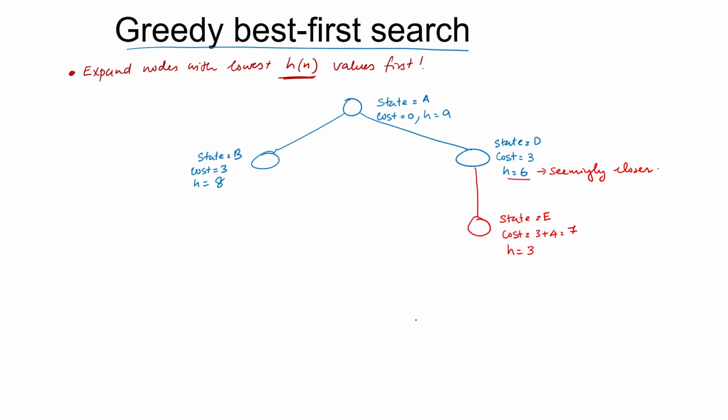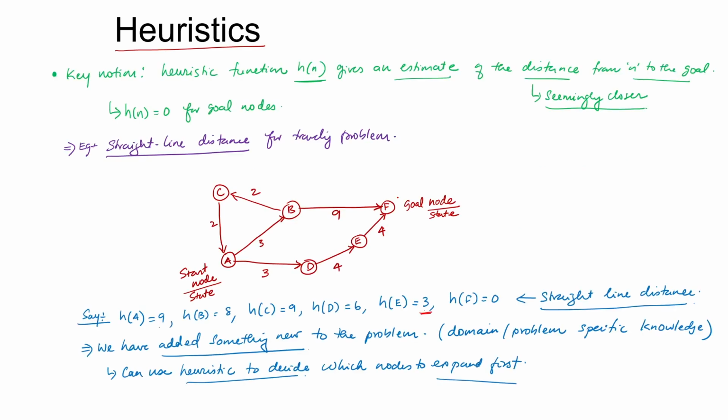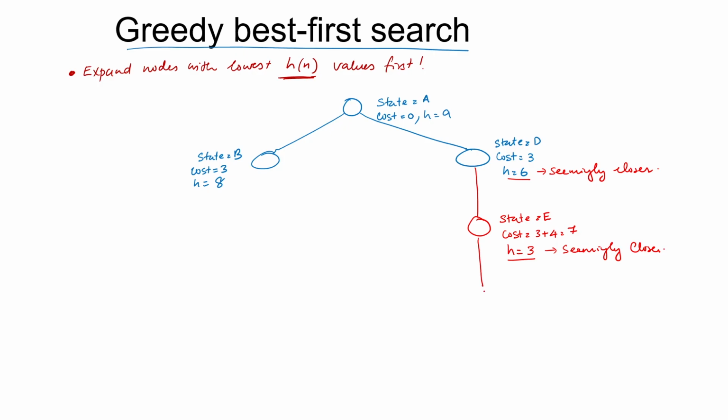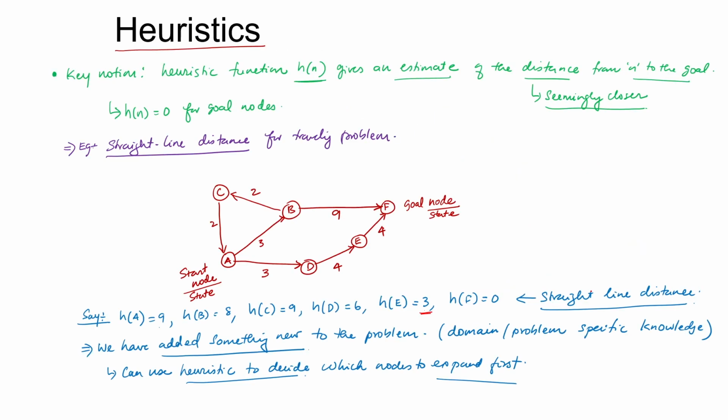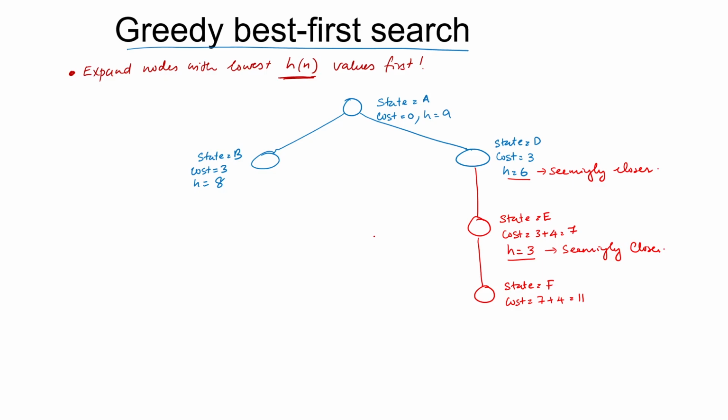Now we can see that among these two nodes, B and E, E is still seemingly closer compared to the other one. From E where can you go? You can go only to F. So state is F, cost is equal to 7 plus 4, which is 11, and H is equal to 0, meaning this is the goal state.